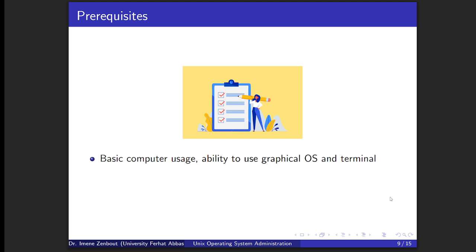In order to continue with this course, you need basic computer usage, not a very advanced level, because everything will be introduced gradually within the course.